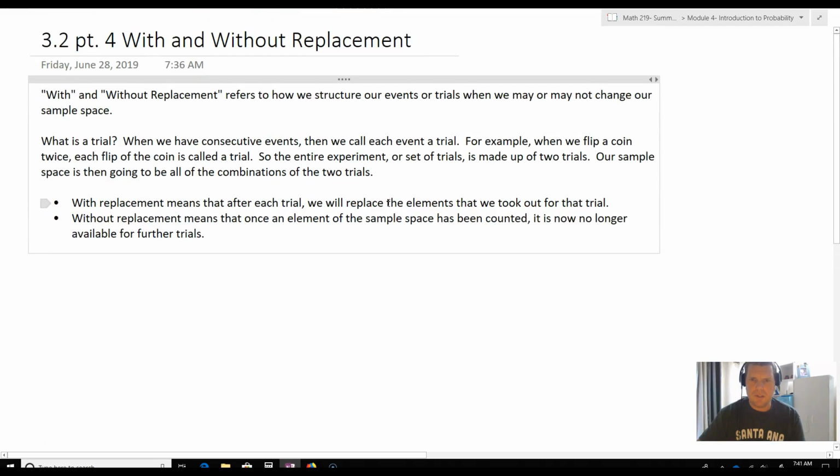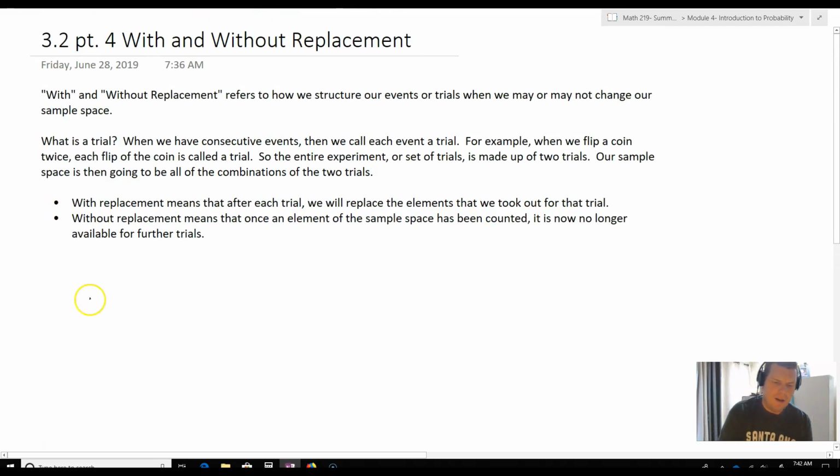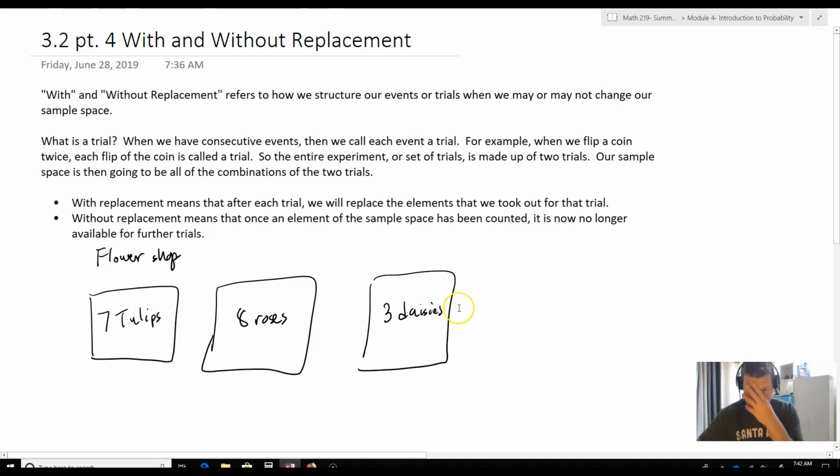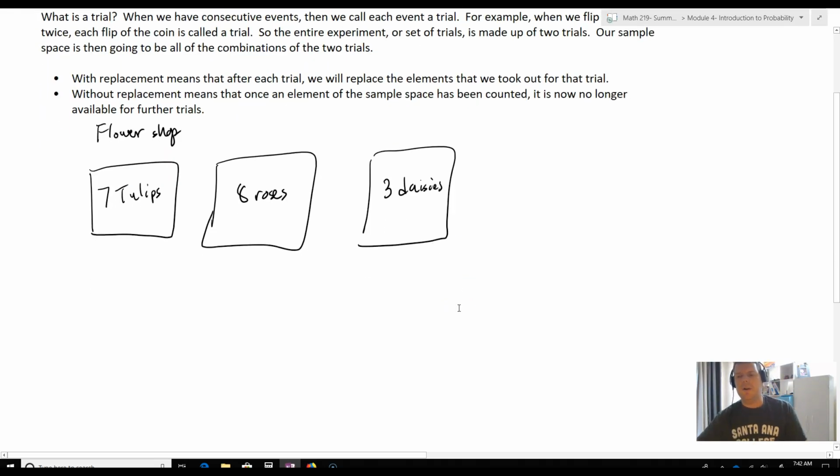Okay? So let's suppose that we have a flower shop. In the flower shop, we have 7 tulips, we have 8 roses, and we have 3 daisies. Let's say a person comes in and they want to buy some flowers, right?